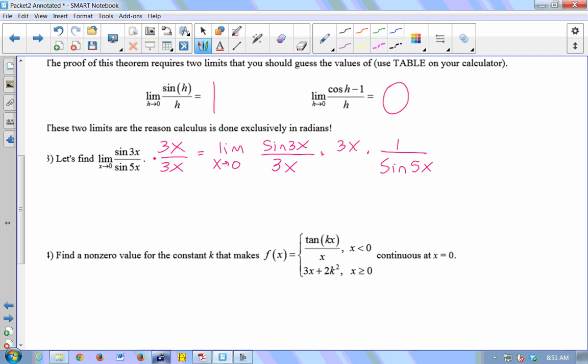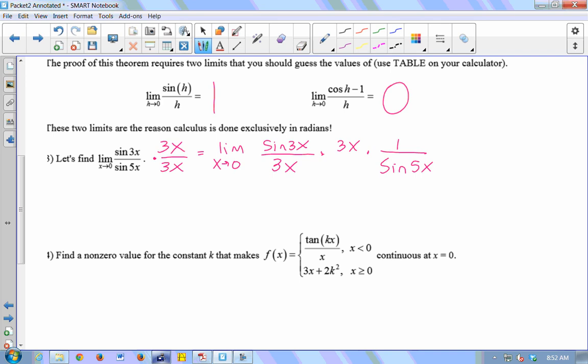Do you agree that those two things are equal? I just did some algebraic manipulation. Okay. So the reason I did that, it might be unclear, but it will become clear soon. All right, so the limit as x goes to 0 of sine 3x over 3x, what's that? 1. Okay, so that's easy.